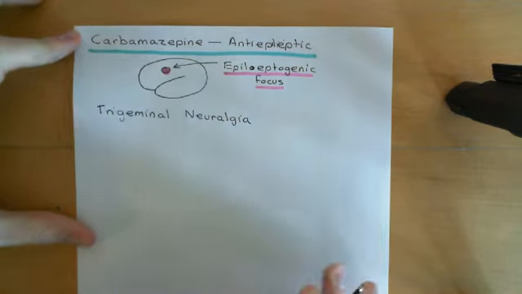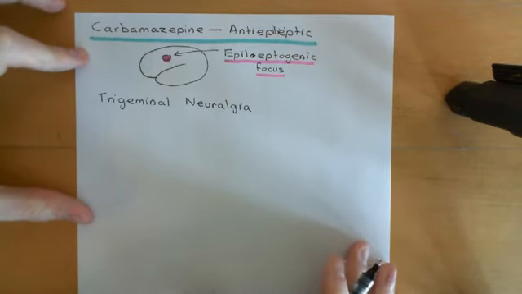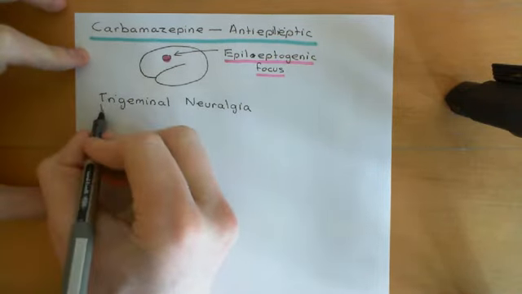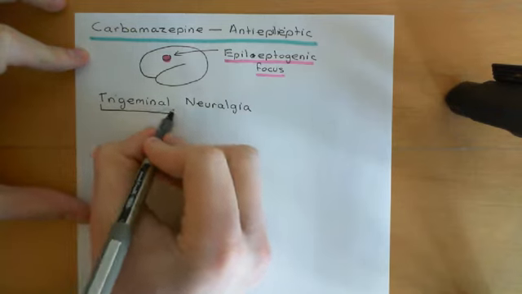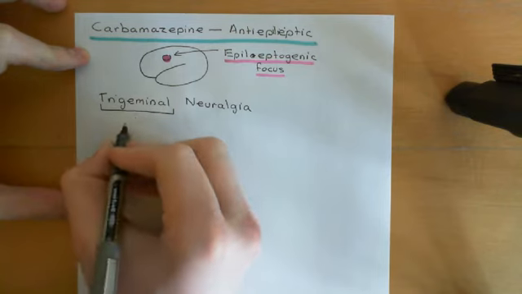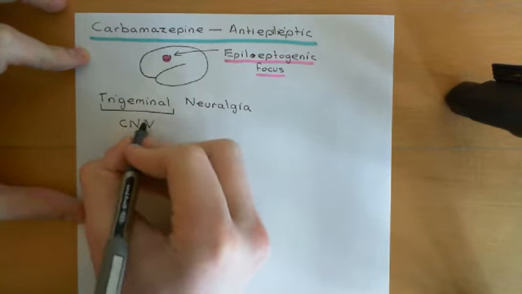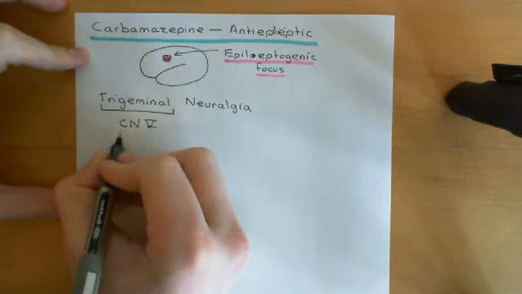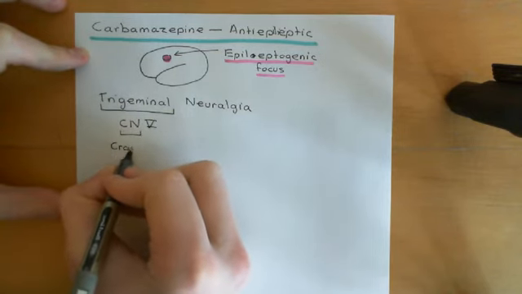So let me explain what happens in trigeminal neuralgia. Trigeminal neuralgia affects the nociceptive primary afferents in the trigeminal nerve. The other name for the trigeminal nerve is cranial nerve 5; CN stands for cranial nerve here.